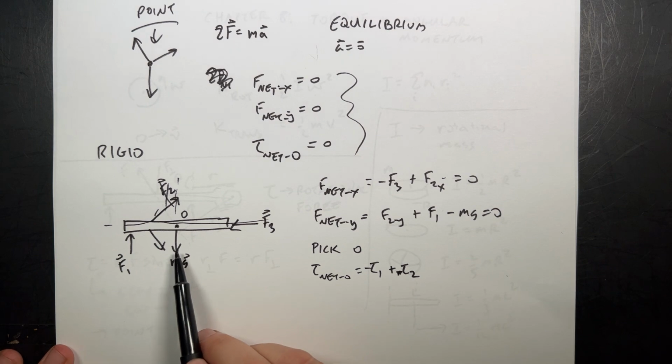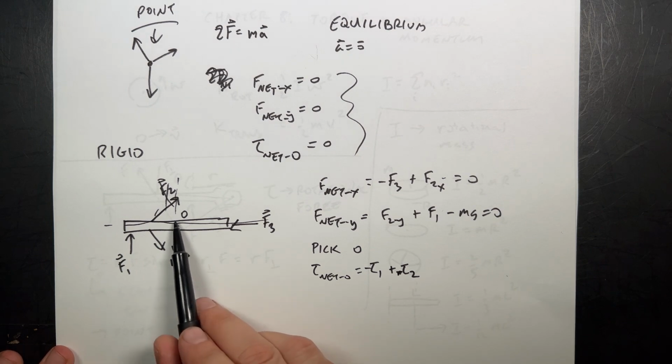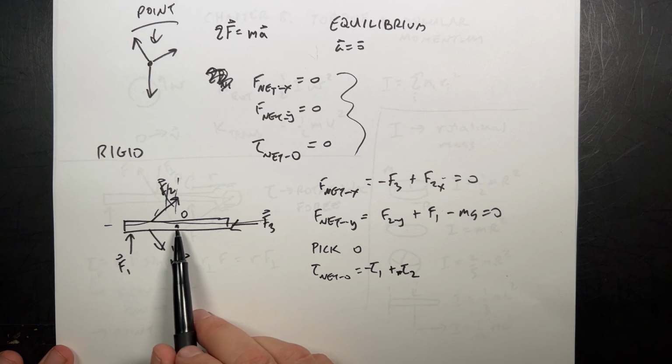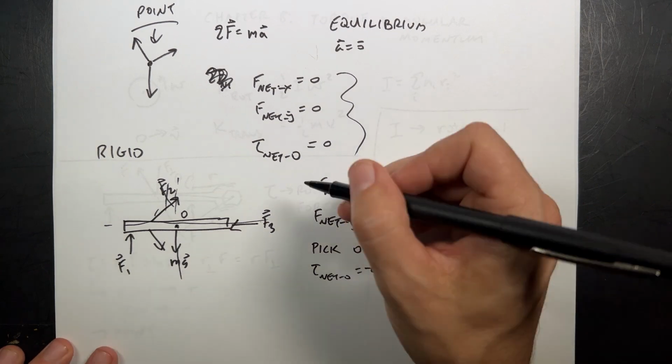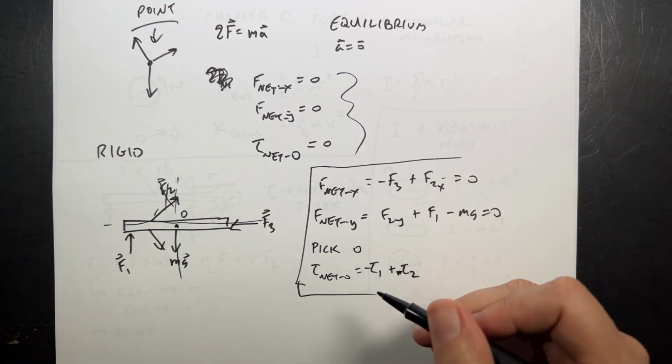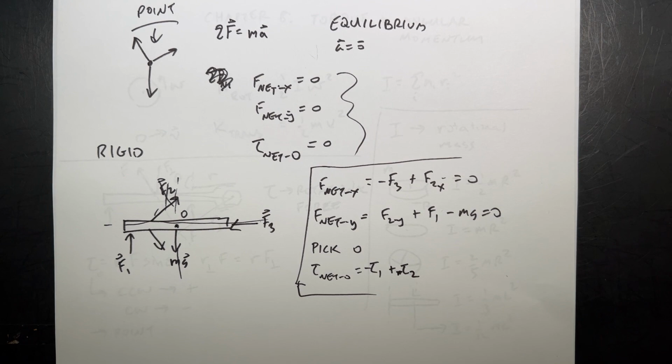Now, the gravitational force exerts no torque, because if you push through the point, then your r value is going to be 0, so there's no torque. And the same thing for this. It's just like trying to open a door by pushing on the hinge. It doesn't work. Okay, but the main point is in equilibrium for rigid objects, we get 3 equations to consider.